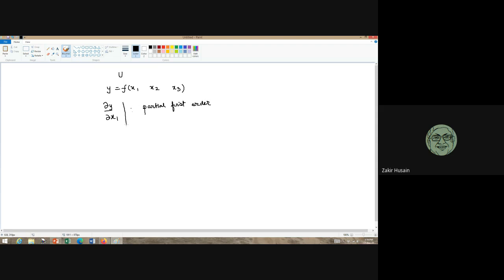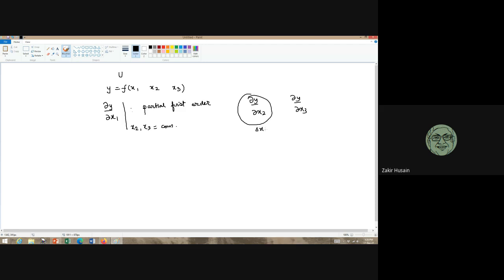Okay, so over here we assume that x2 and x3 are constant. They are not changing. We can also derive partials for x2, x3. So in each case, we keep the other variables constant.